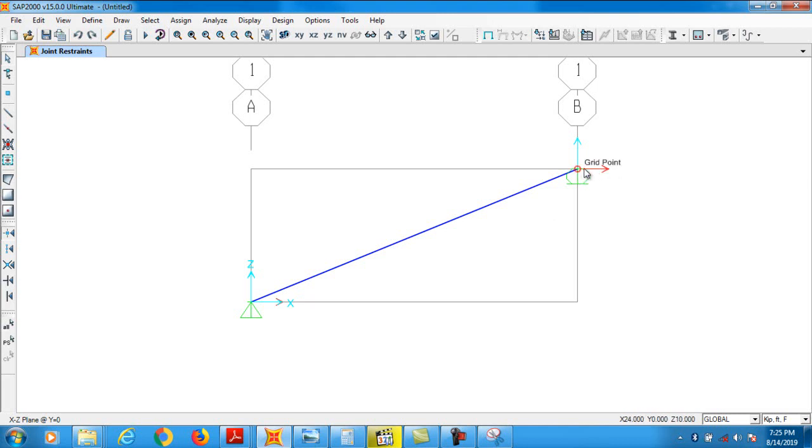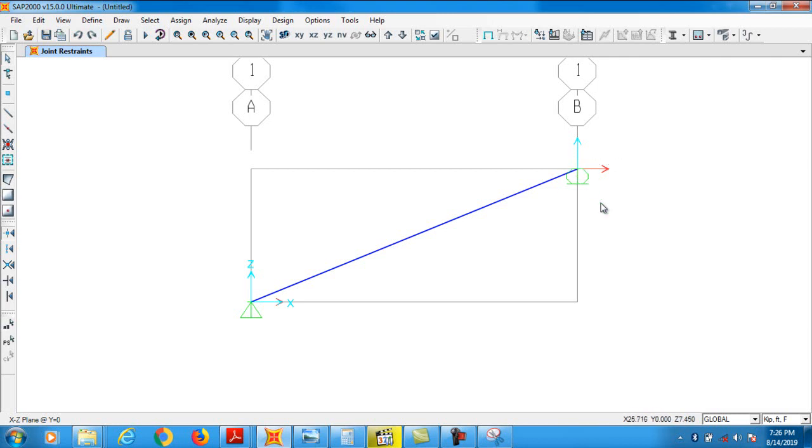So it shows that these are the local axes. Now one thing you must know, at the initial stage, once you assign the local axis to the members, the local axes are basically parallel with the global axes. But in later stages we can rotate, we can move the direction of these local axes.